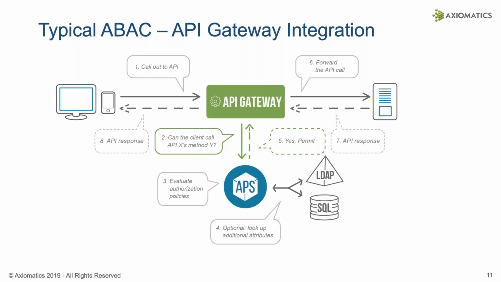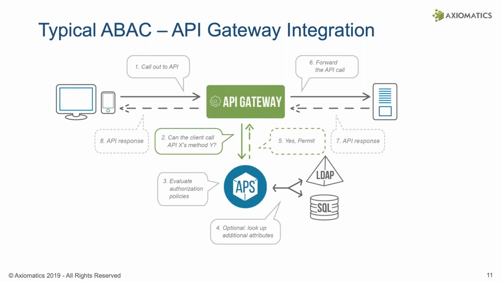enforce the decision. So what happens here is that we configure the gateway to make a call out, which is number 2 in this diagram here, to the Axiomatics policy server, or more specifically, the authorization engine. And the authorization engine then holds a policy in place, so it's going to evaluate the incoming request against a policy.